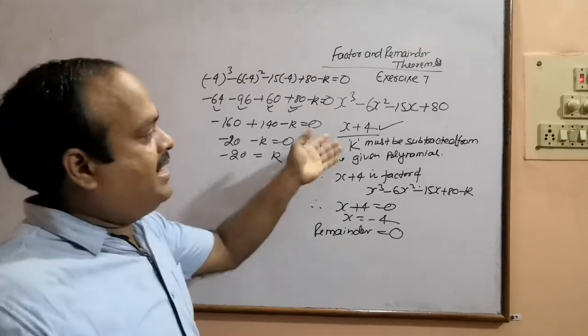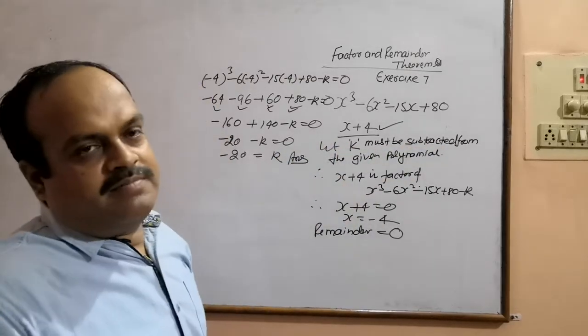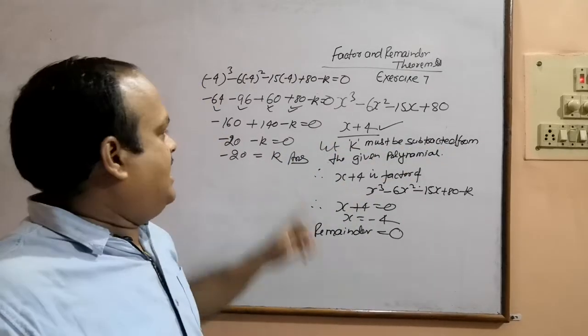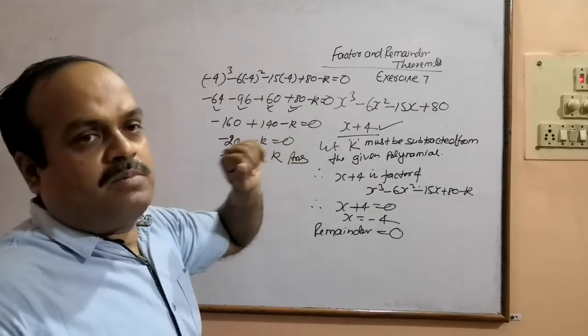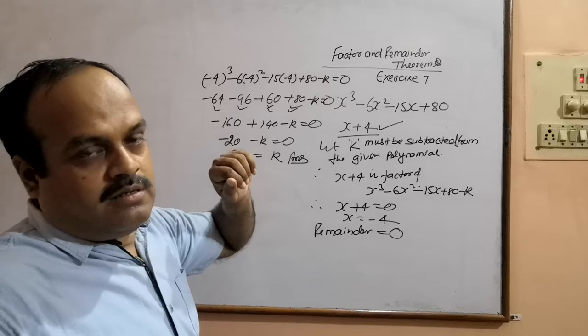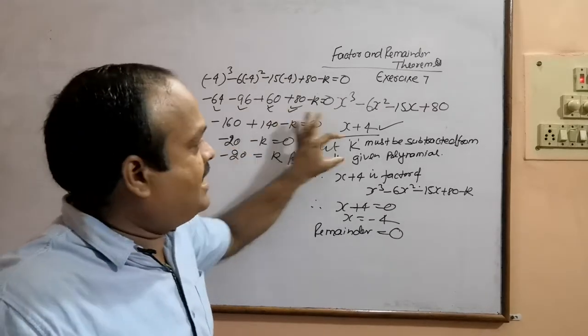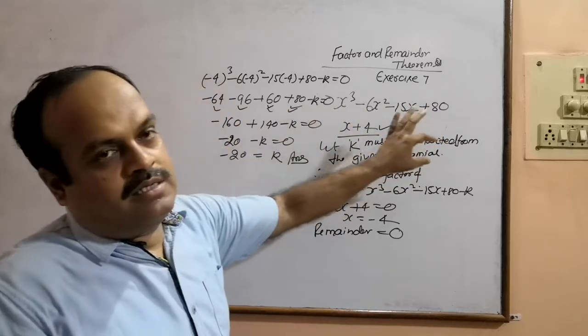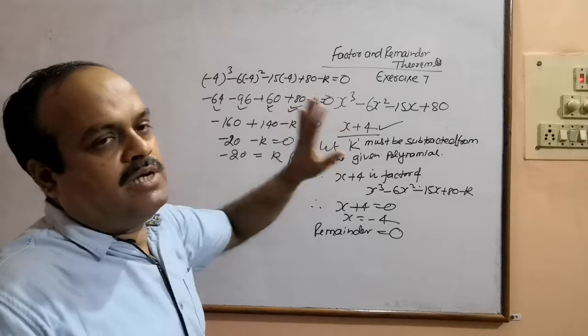Some of you do by the shortcut method and don't write let k must be subtracted and write here answer. At this step, when you write answer, you will lose the mark. I repeat, you will lose the mark when you write here answer and don't write this sentence. So if you write this sentence and here you write answer, then you will get full marks.